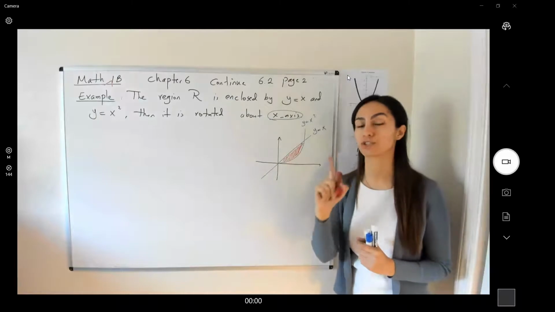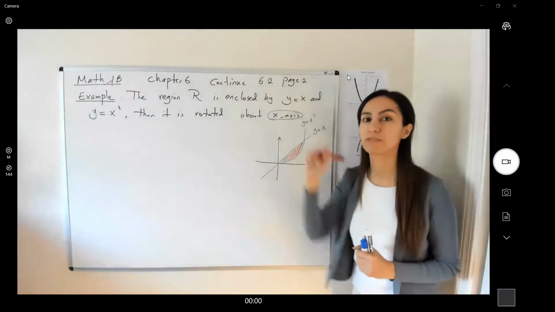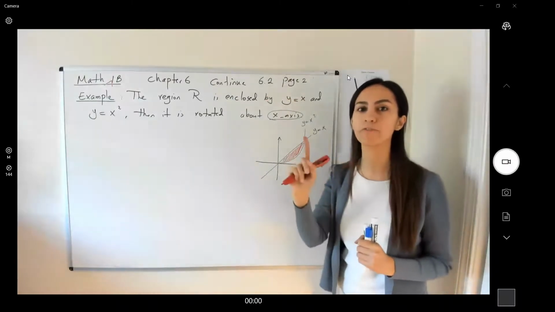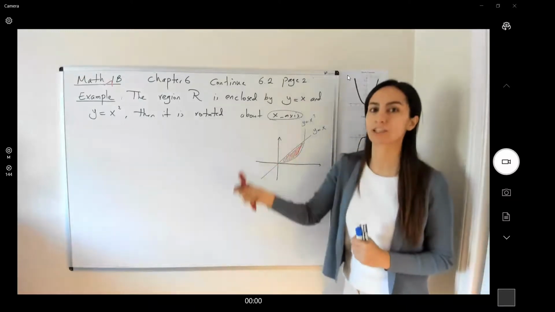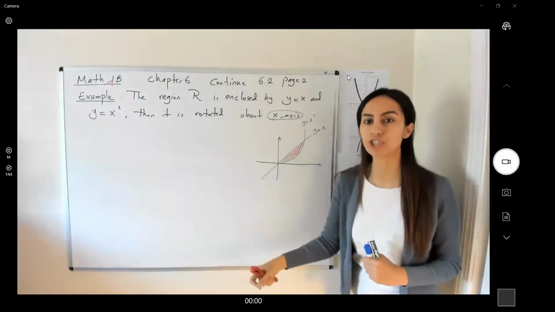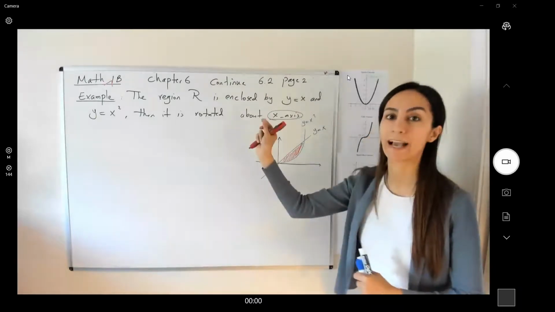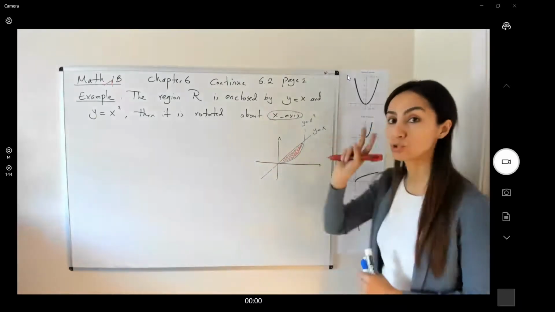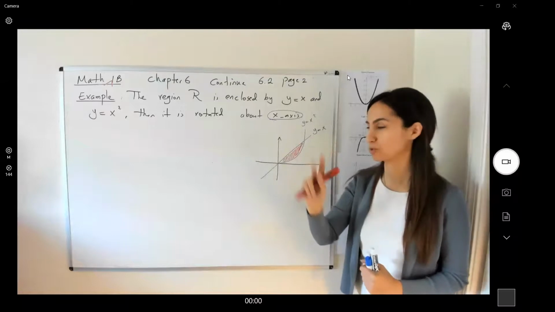It's not just one function. In previous examples, we had just one function and we rotate that curve around x-axis and y-axis. Here you have two functions, two.